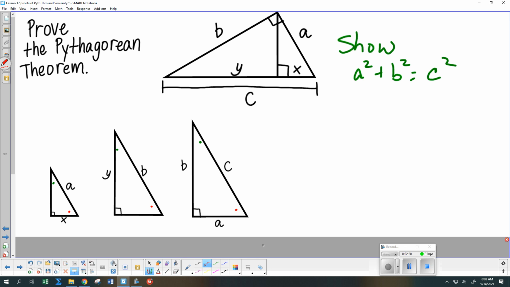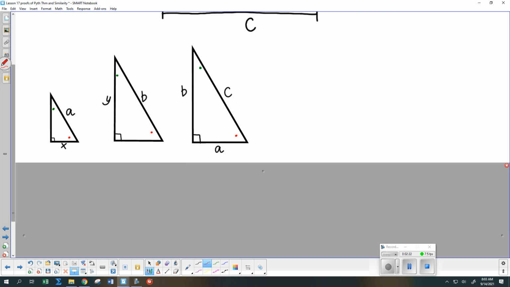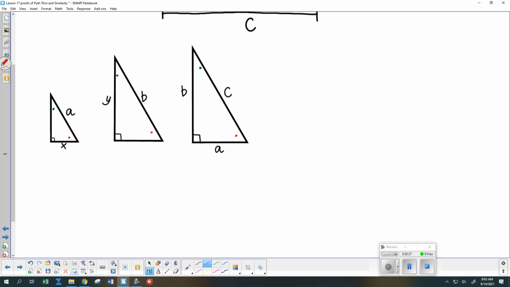So I'm going to set up my ratios now. Remember, similar triangles have proportionate sides, not congruent sides. So first I am going to take the 2 triangles that have an A in them, and I'm going to write proportional sides, as many of them as I know, for those 2 triangles.